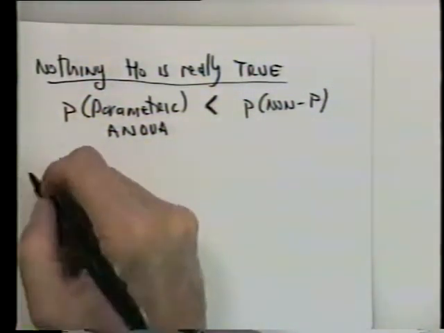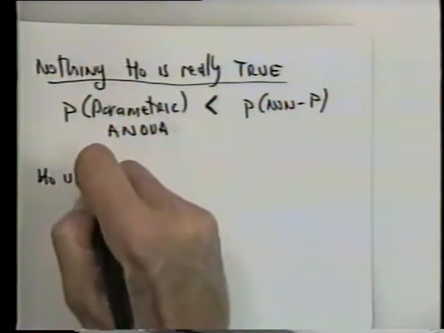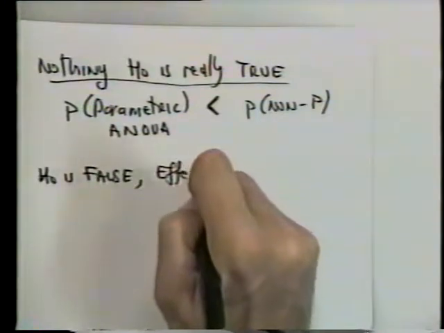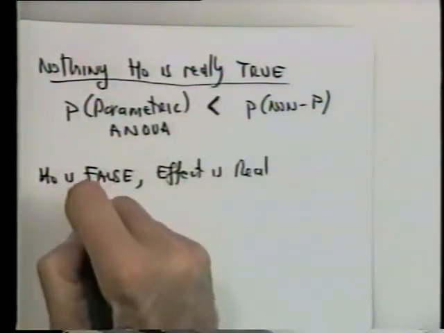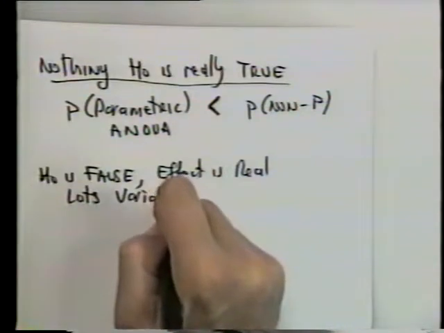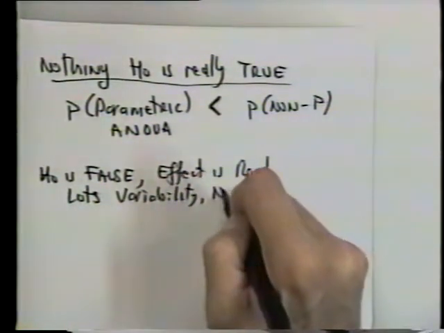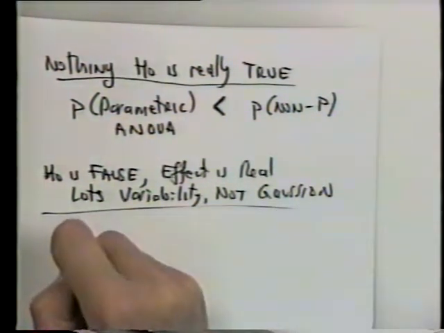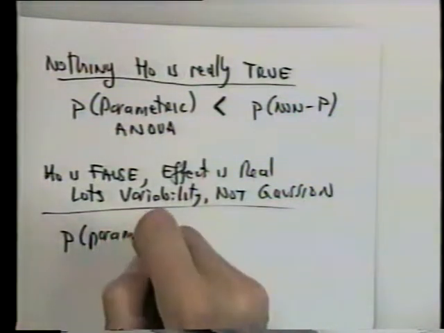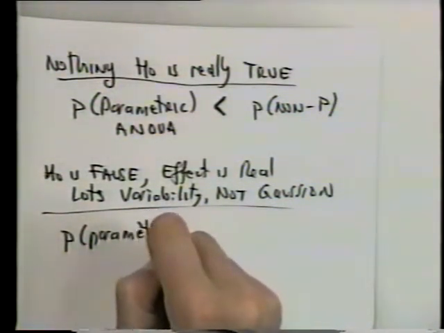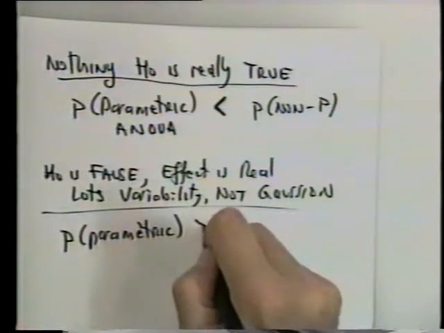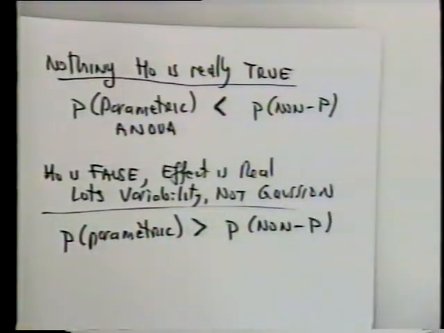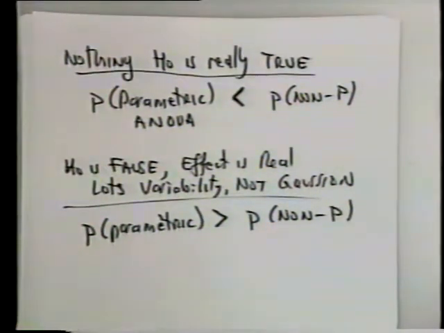On the other hand, if H0 is really false, so that there really is an effect, but there's lots of variability, so that the data is not Gaussian, then in this situation, typically the parametric probability will be greater than the non-parametric. And I would say from my experience, this is a rule of thumb that I found to be true.